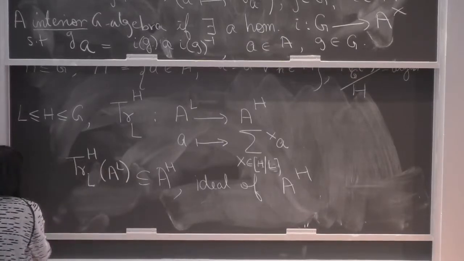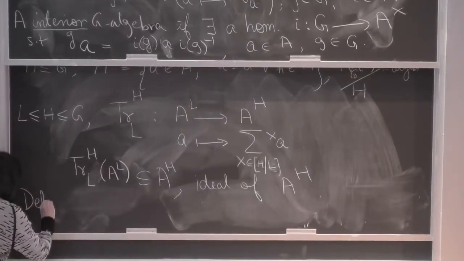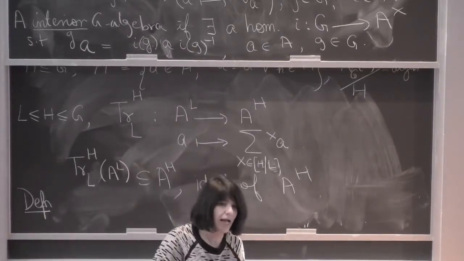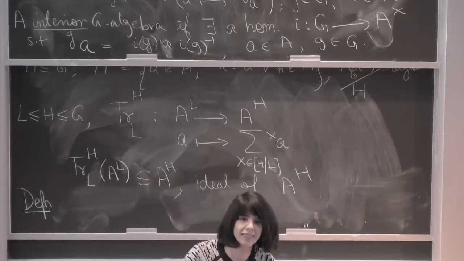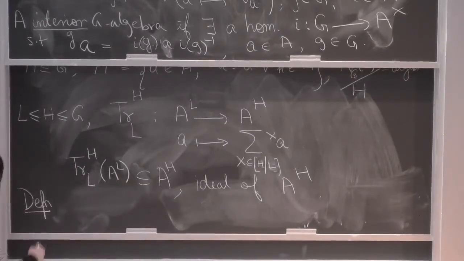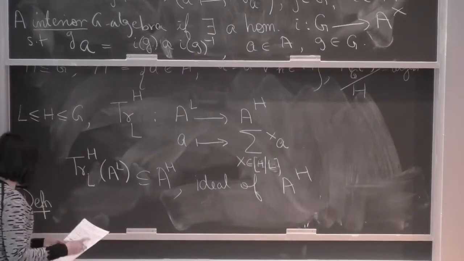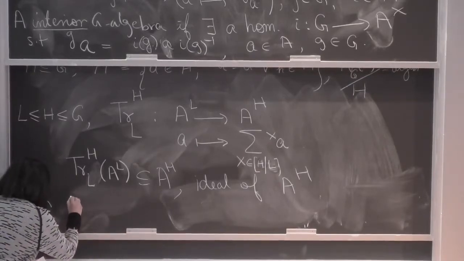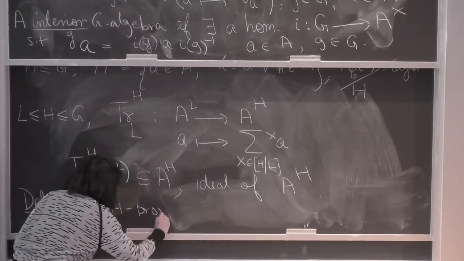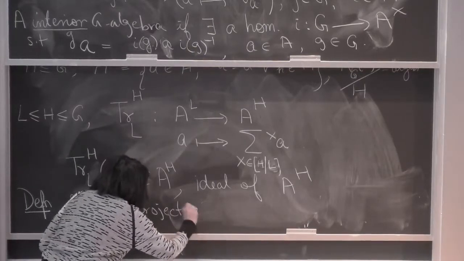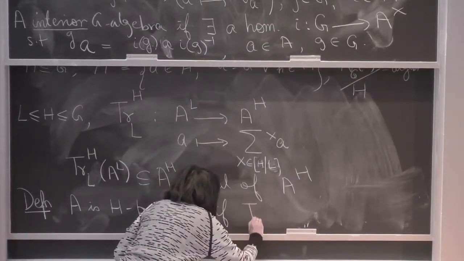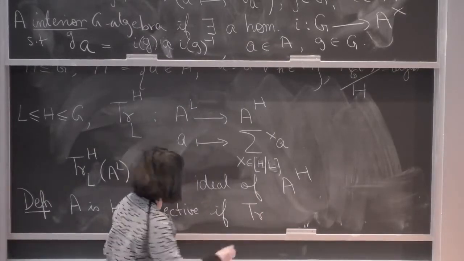Right, and now let me give a definition. There are two notions, a relative projectivity notion and a notion of locality, which interact with each other. So I'll first give you the first one. We say A is H-projective if the trace map does everything you want.